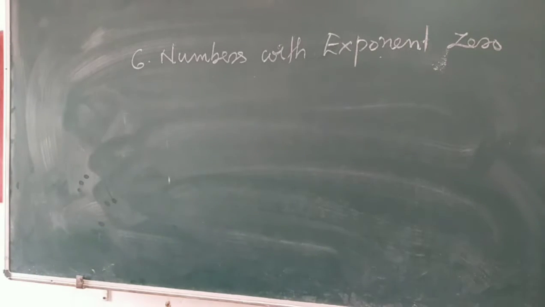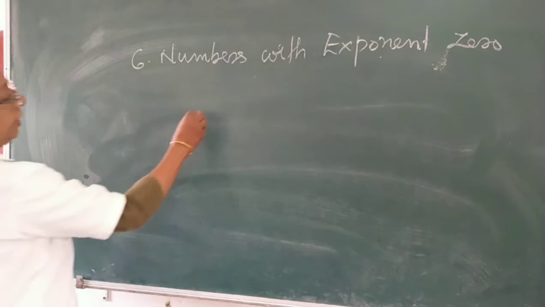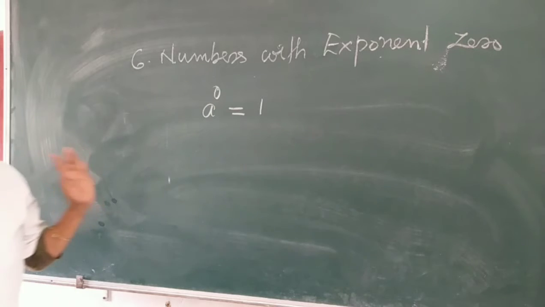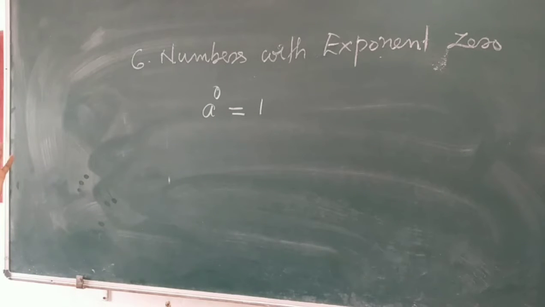With exponent 0, it is one. A raised to 0 is equal to 1. Any number raised to 0. A is the general form.